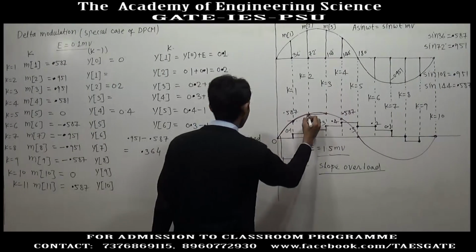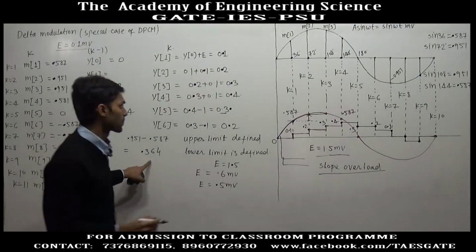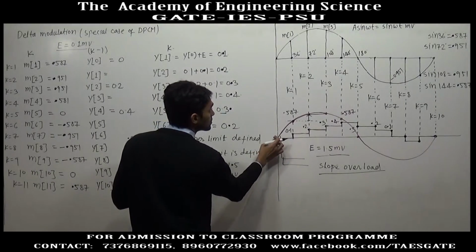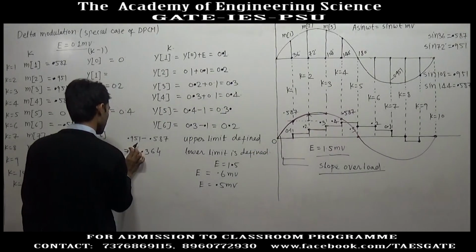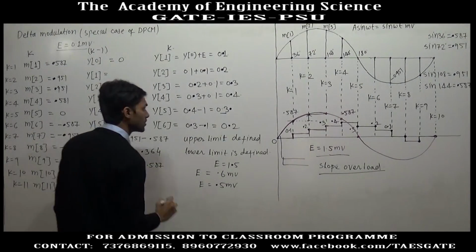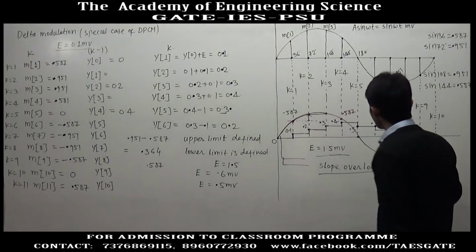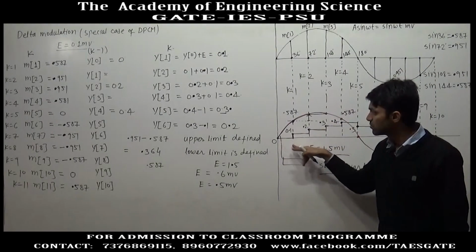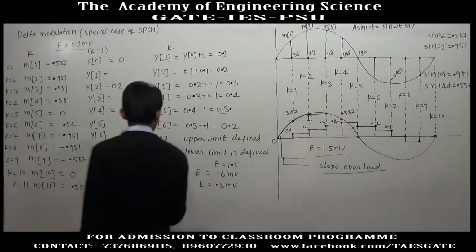So, at this point this change is 0.364. Here we have a change from k equal to 0 to k equal to 1, this change is 0.587. So, in this waveform the maximum change in the input is 0.587.